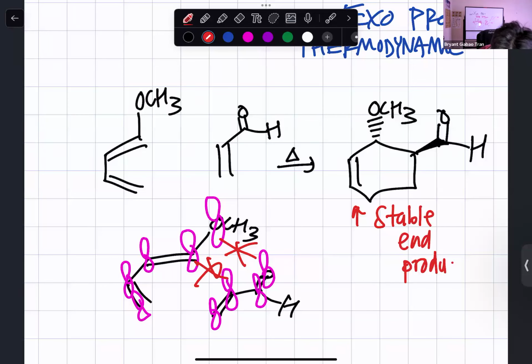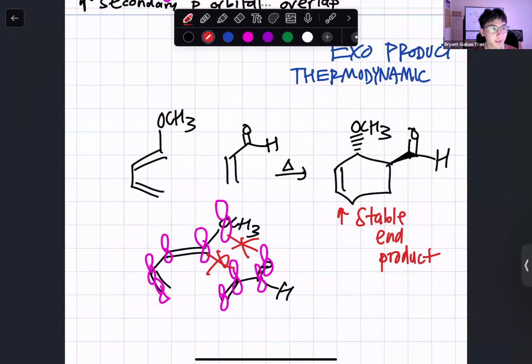An analogy that I like to use is that the thermodynamic product is your most stable end product, but it comes from the less stable intermediate. It's like studying for an exam. If you study for an exam, you're stressed, you're unhappy in the studying time, like you come from an unstable intermediate, but at the end you end up with a better grade, better stability.